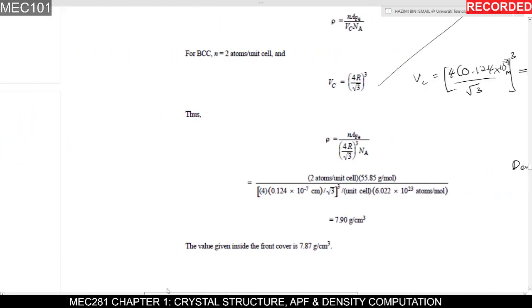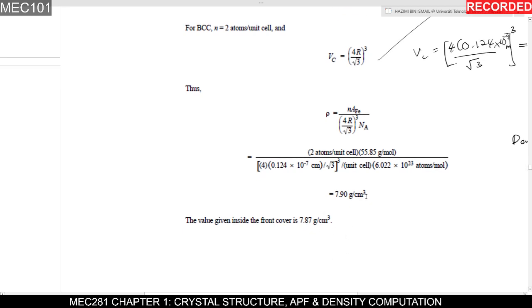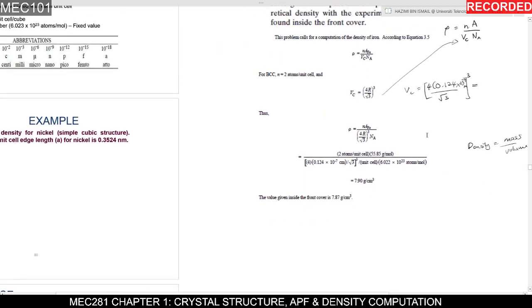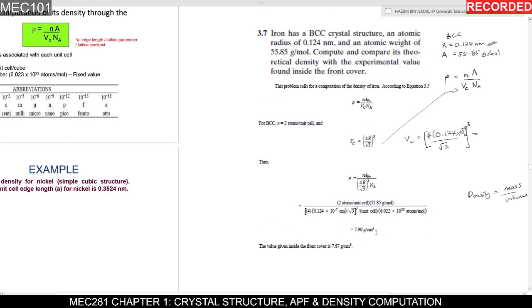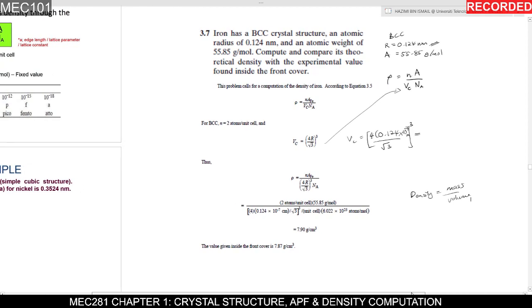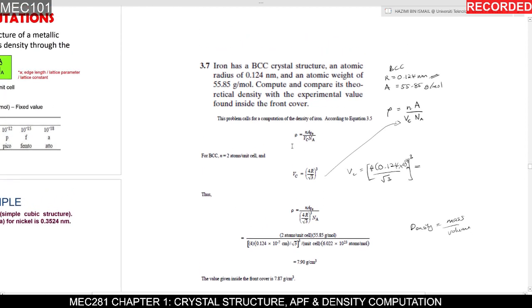So when you compare the value, it is not far from the experimental value. Okay, so it is considered correct. So that is how to calculate the density. To find the density, you have to know the unit cell volume, VC.